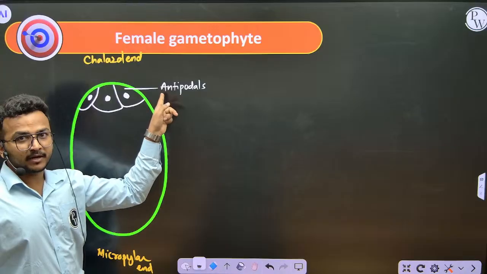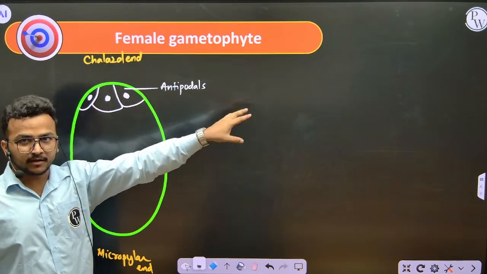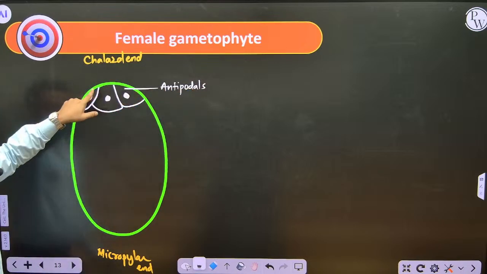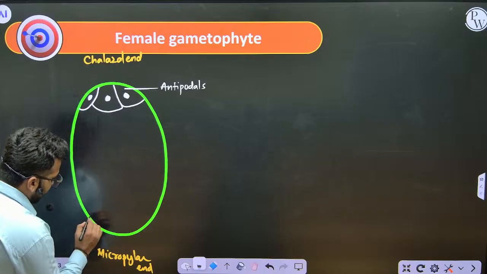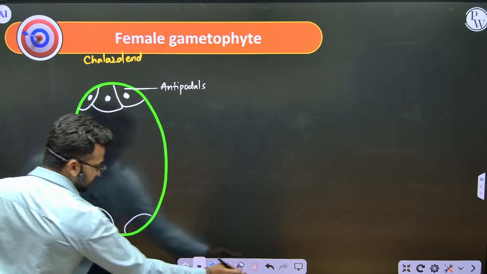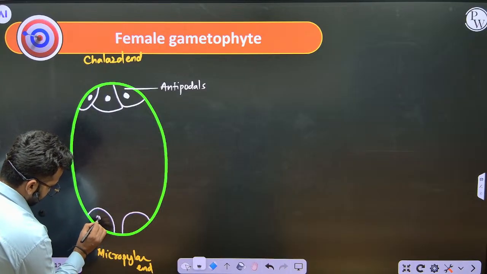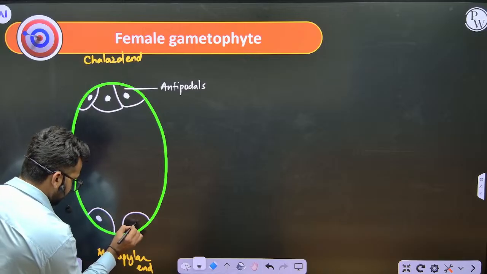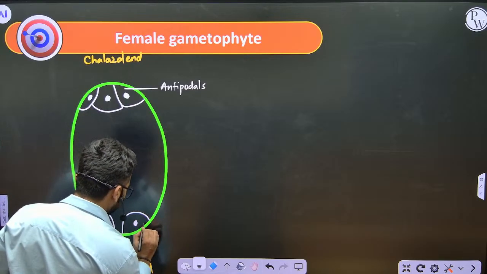You can remember A and C; AC will be placed together, antipodals at the chalazal end. And at the other end, you will see synergids. So these are synergids here.